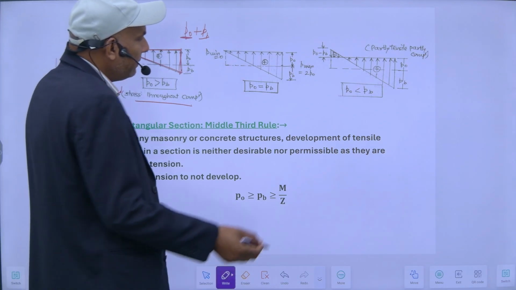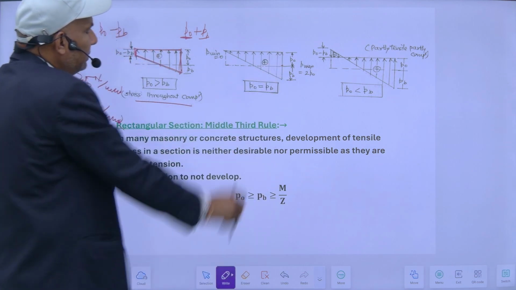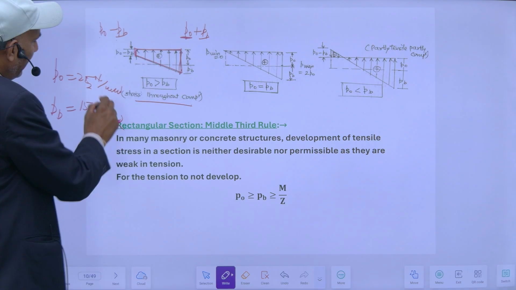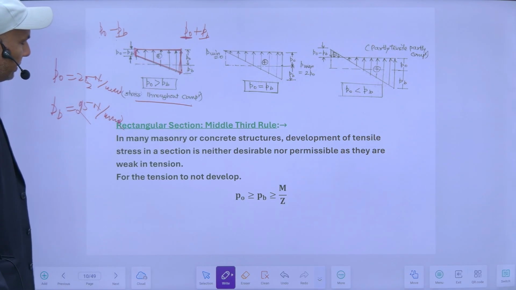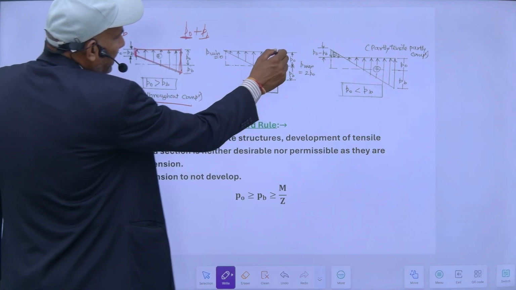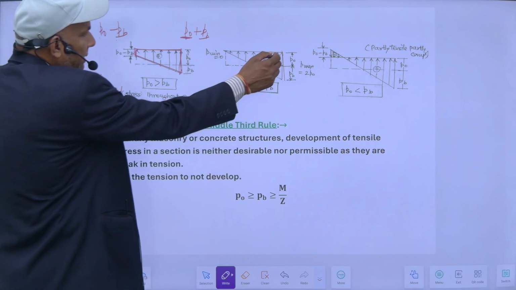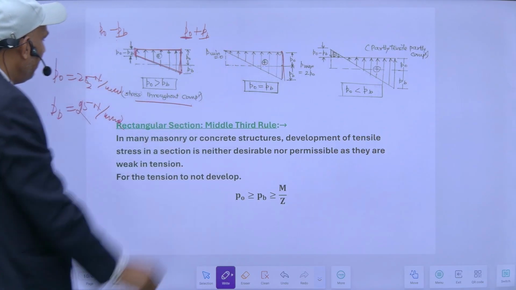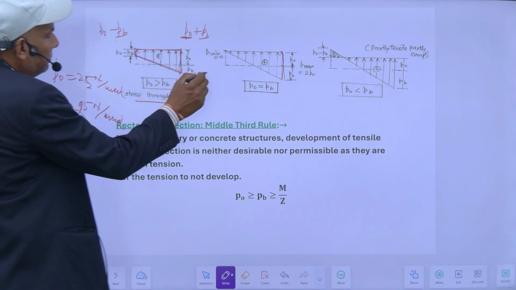The second case is when both are equal. If my direct stress is 25 Newton and my bending stress is also 25, then my maximum stress here will be 25 plus 25, 50 here. And here it will be direct minus bending, which is 0.